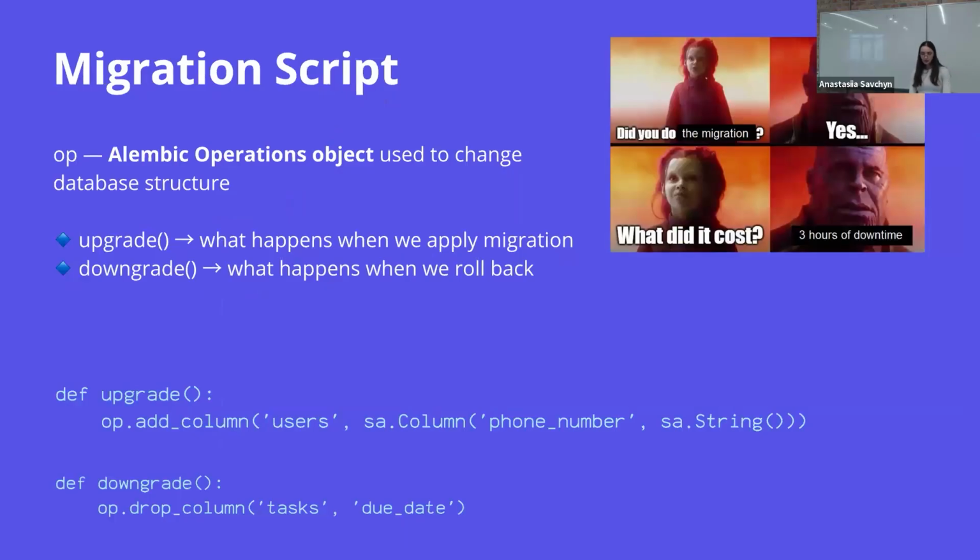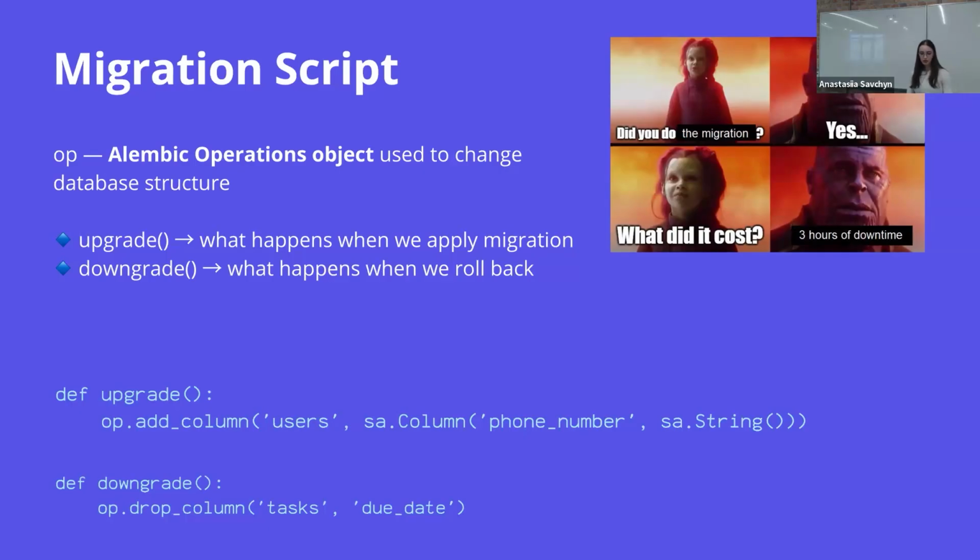And the migration script, a bit more about structure. The structure is upgrade and downgrade, as we discussed. And Alembic also has such a thing as op. That is the operation object, and it is used to change the database structure itself. So everything that you do is an operation, and to do this operation, you have to use this built-in op thing from Alembic.